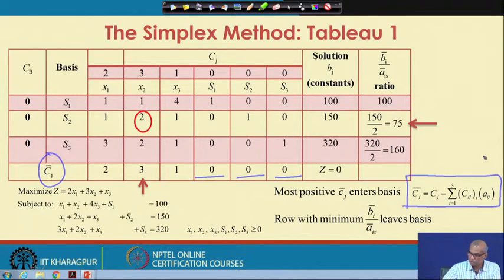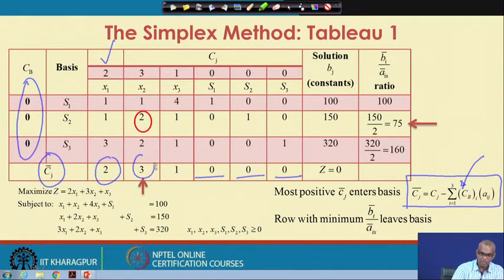Now, note Cbi is basically the cost coefficients of basis S1, S2 and S3. So, they are all 0. So, in the first table Cj bar is basically equal to Cj here for the non-basic variables x1 and x2. So, that is why you get 2 and 3.